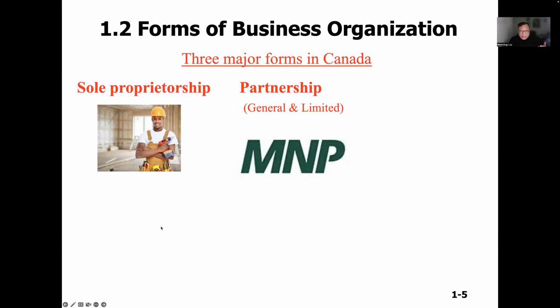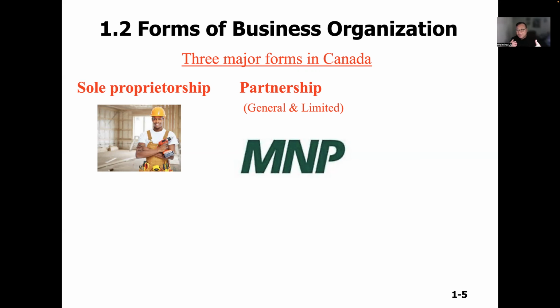And then you also have a partnership. A partnership would be for a lot of the professionals like accounting, right? MNP is one of the accounting firms in Canada. So lots of the CPA, the professional accountants, right? They work together. They formed this organization, right? This is called a partnership, okay?